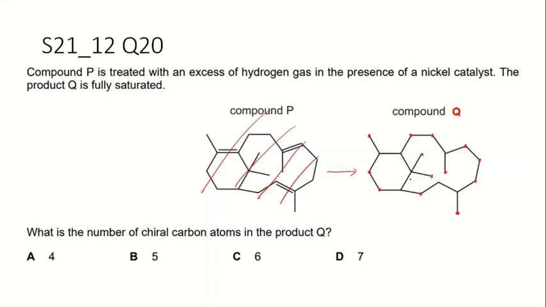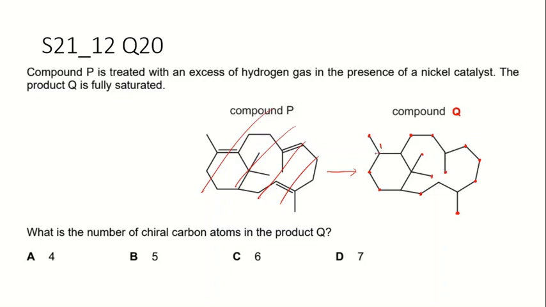Okay, now let's look at those that are in the center of the branches, and they are more likely to be a chiral carbon. So let's look at the first carbon, carbon number 1. Okay, it is bonded to a CH3.